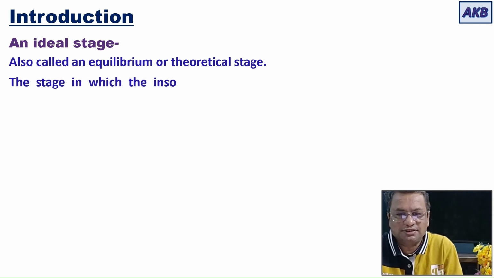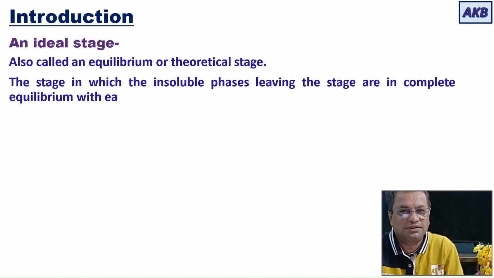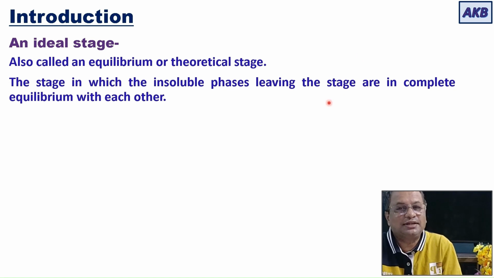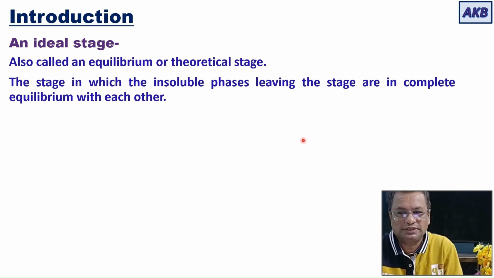The stage in which the insoluble phases leaving the stage are in complete equilibrium with each other. When complete equilibrium is achieved before the two insoluble phases leave the stage, then that stage is an ideal stage, or an equilibrium stage, or a theoretical stage.